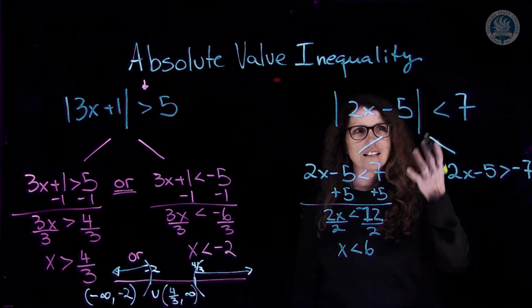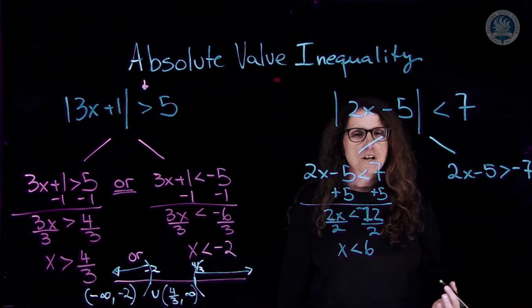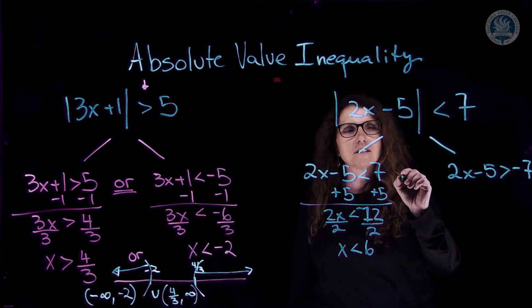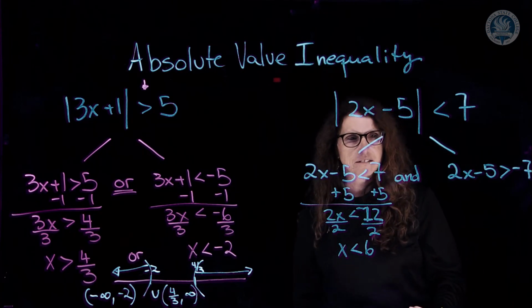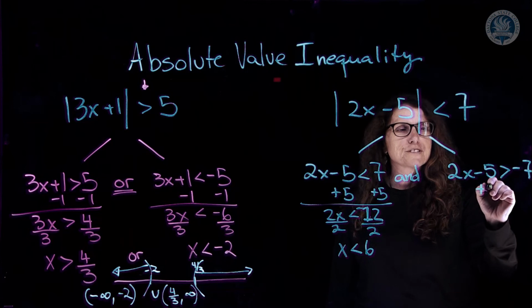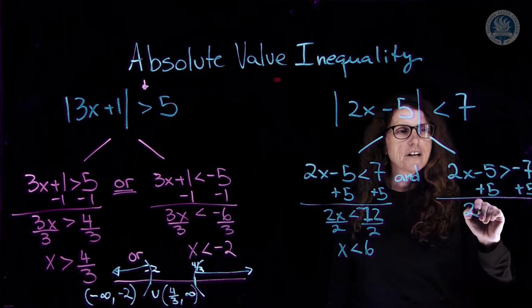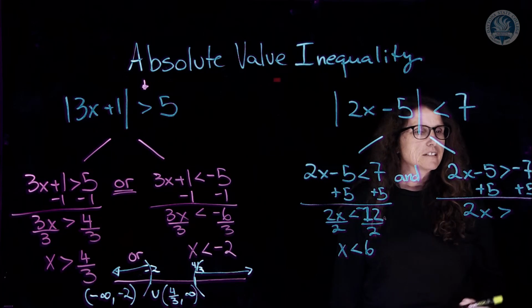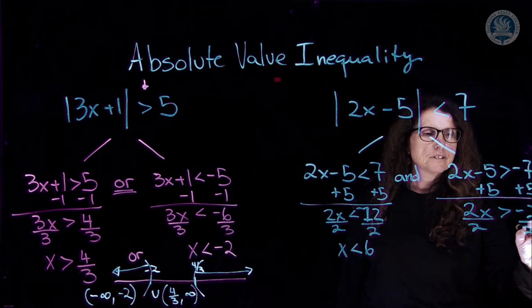Now with a less than inequality and an absolute value, our compound word we need in between in this case is and. And we solve this inequality. 2x is greater than negative 2, divide by 2.